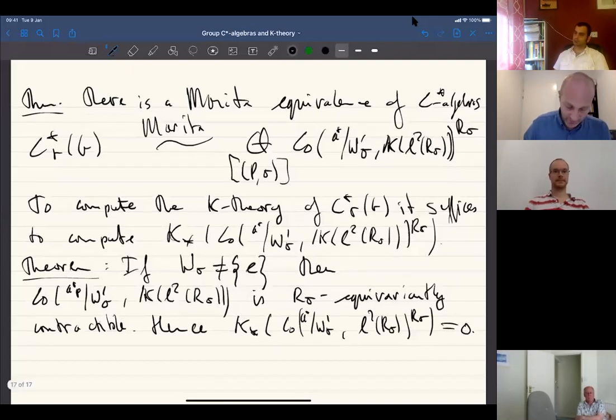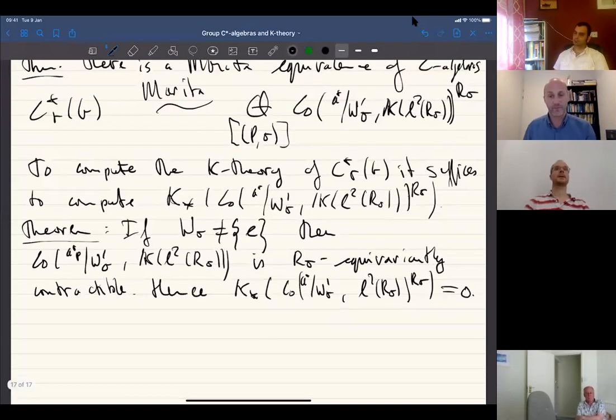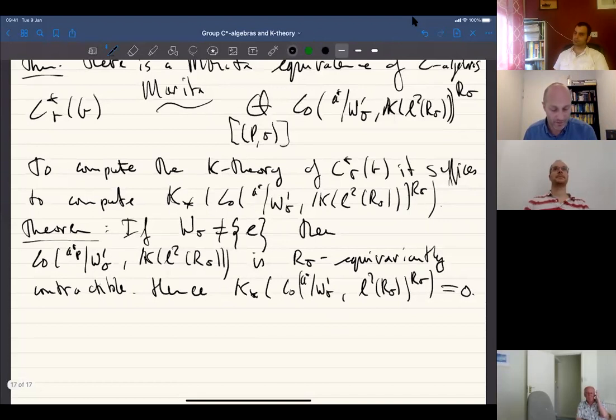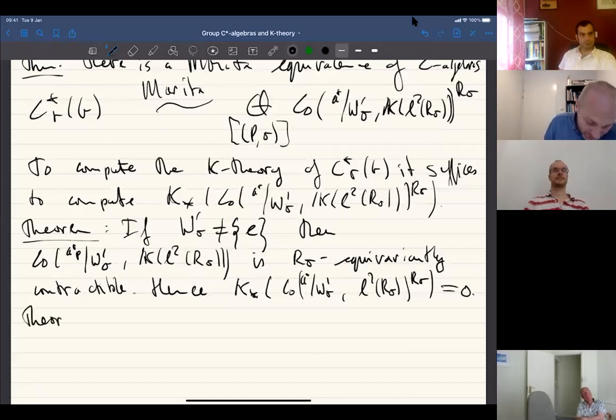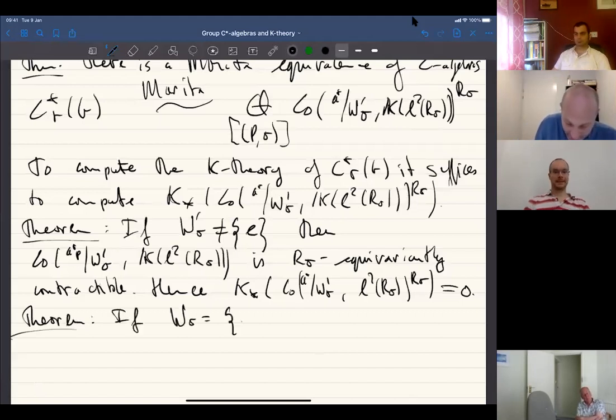So that means that we can discard in the direct sum the components for which W sigma prime is not trivial. So we can discard those, and then that means that the computation is now reliant on the case where W sigma is the identity.